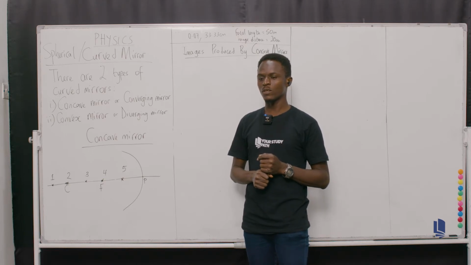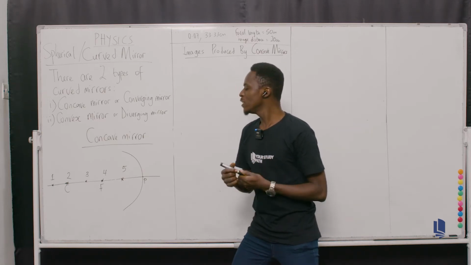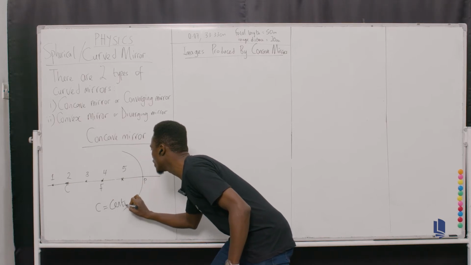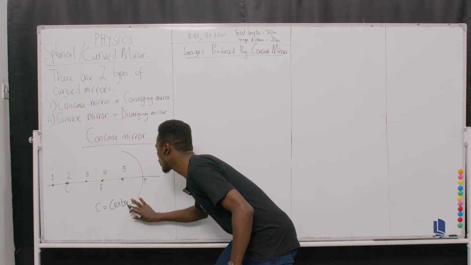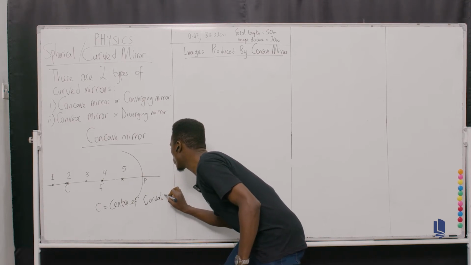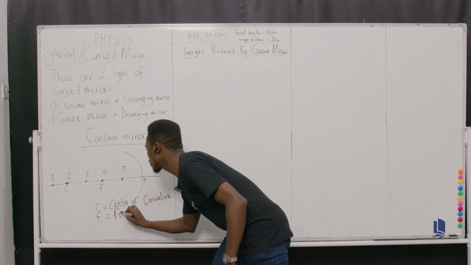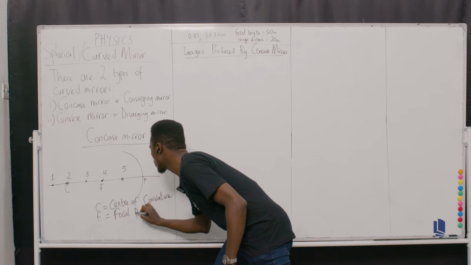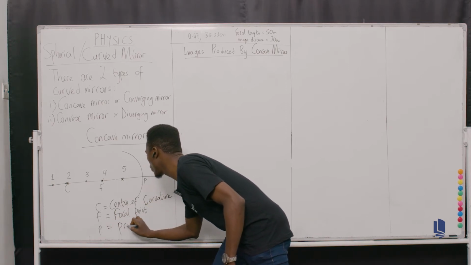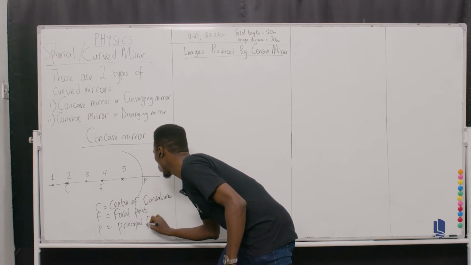Okay, beautiful. Then you should be familiar with the fact that your C represents your center of curvature. That's what we call it. The F is representing your focal point. Your P is representing the principal focus or axis.